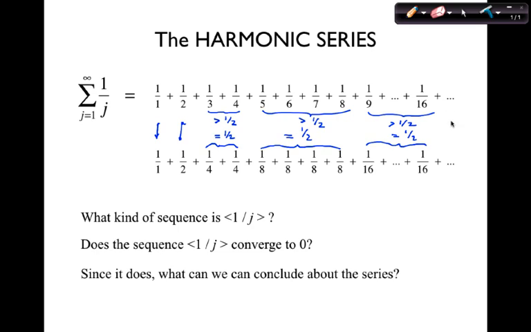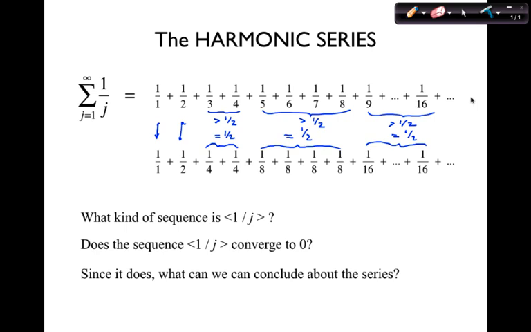Uh-oh. What happened? I thought if the sequence went to 0, our series was supposed to converge. So that wasn't true. That's not right. Because I'm showing you that the harmonic sequence, 1 over j, definitely converges to 0. But when you add them all up, it's infinite.